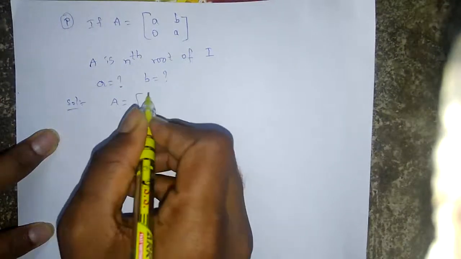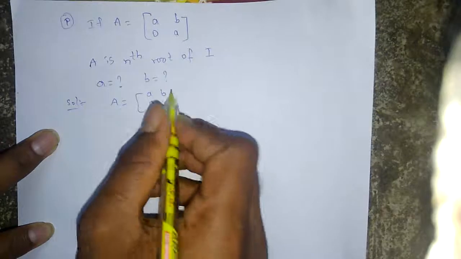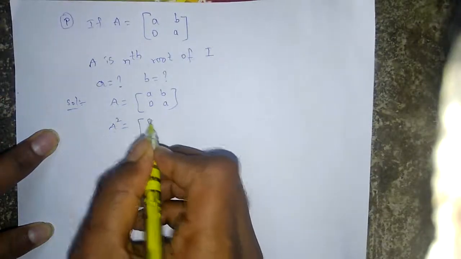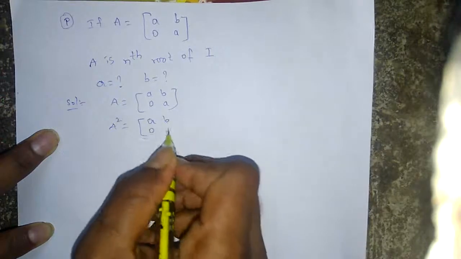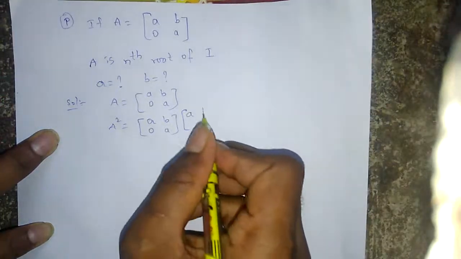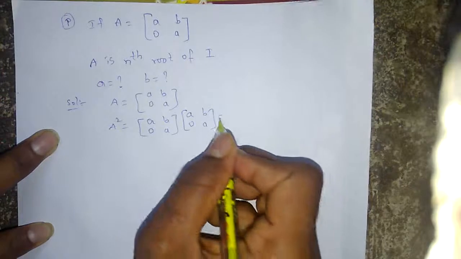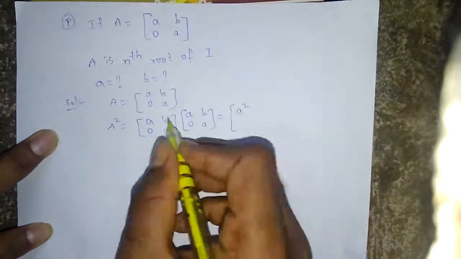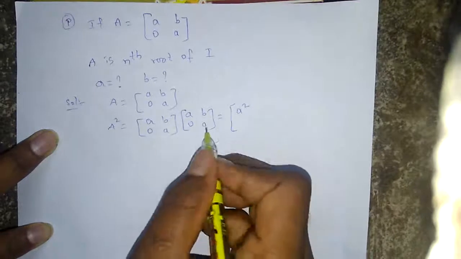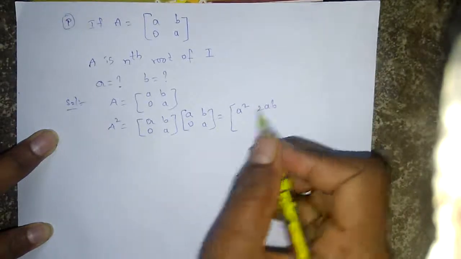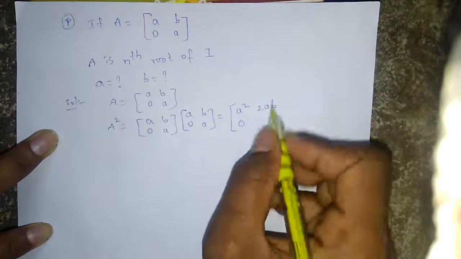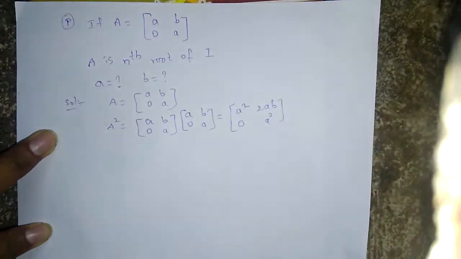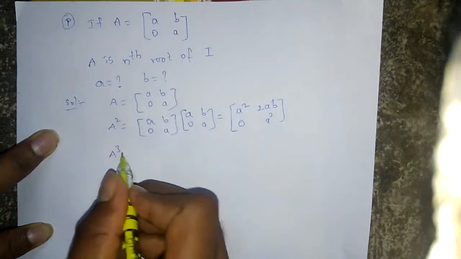Now A is equal to a b, 0 a. First let us find A square. A square is a b, 0 a into a b, 0 a, that is equal to a square, plus 0, ab plus ab, that is 2ab, this is 0, this is again a square. Next similarly find A cube.